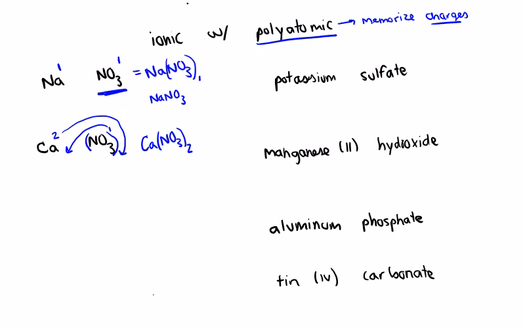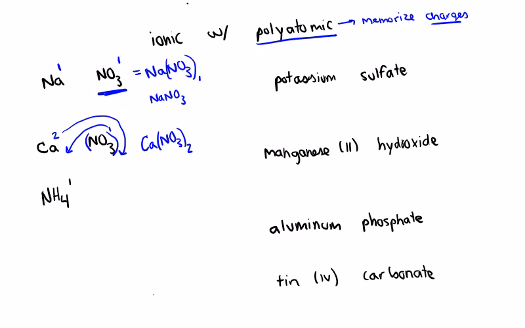I usually tell my students that if you want to put parentheses around every polyatomic ion that you come across, that's fine, but you don't have to. So what if we work with ammonium, NH4? That's one of our polyatomic ions, and I know its charge is a positive 1.